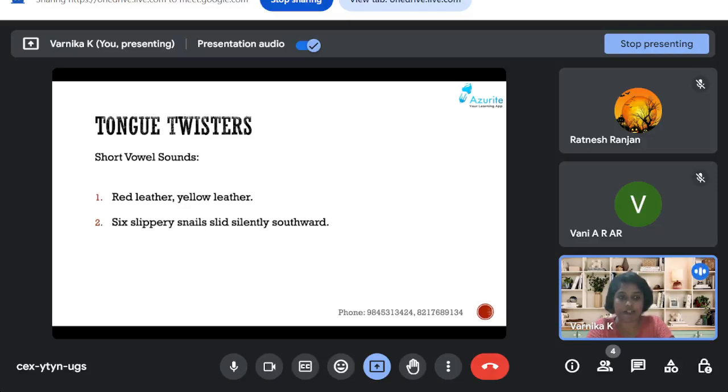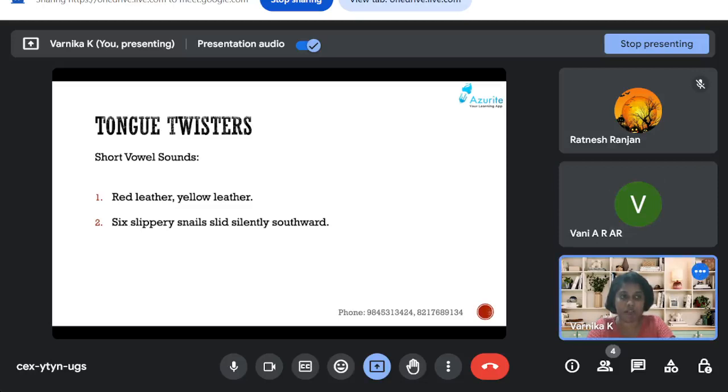Vani, can you read the second one, please? Vani, are you there? Six slippery snails slid silently southward. Yes. One more time. Six slippery snails slid silently southward.